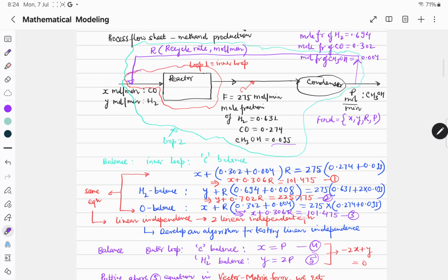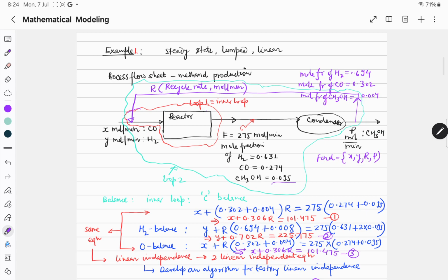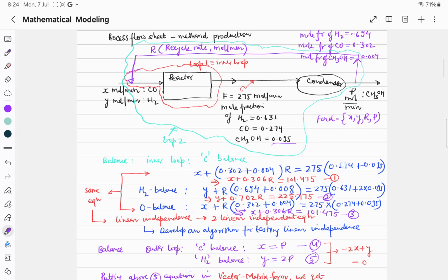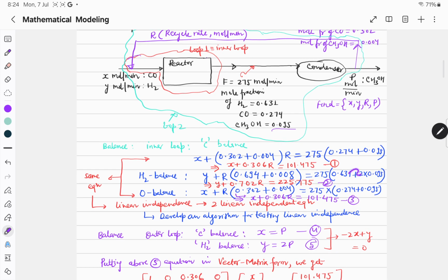This is the H2 balance, because the right hand side is what you are getting out. Out H2 is 0.631, and CH3OH contributes 2 moles of H2, so 2 multiplied by 0.095, multiplied by the flow rate 275.